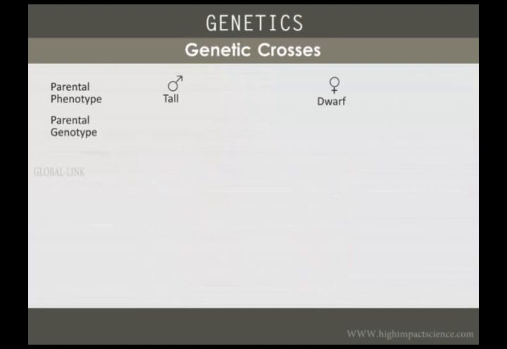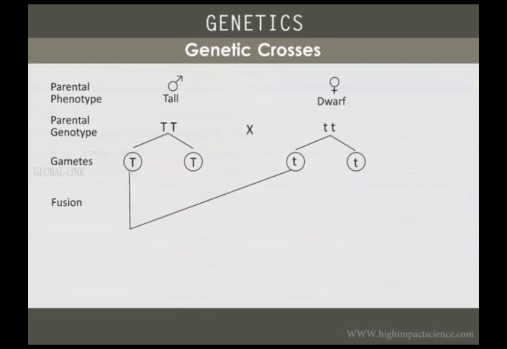Parental genotype, the male is capital T, capital T, and the female is small t, small t. Then there is segregation to form gametes, and we have capital T, both of them circled, as well as small t, small t. Fusion occurs during fertilization, and we see capital T fuses with small t, and we get capital T, small t.